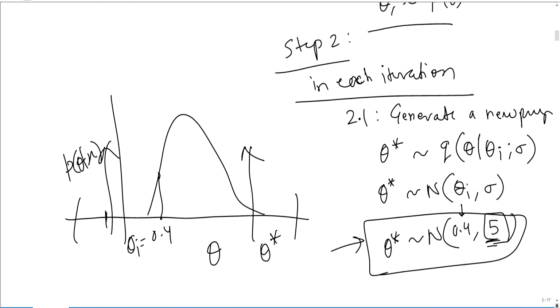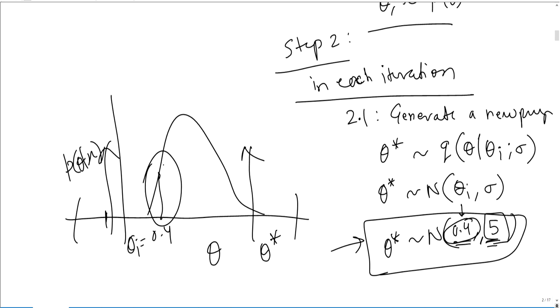Then actually you are not making any use of the information that you already have. What information do you already have? That the current state of the chain, the sample that you have, theta I equals 0.4, exists in a relatively good posterior density region. So let's say theta I exists somewhere here.